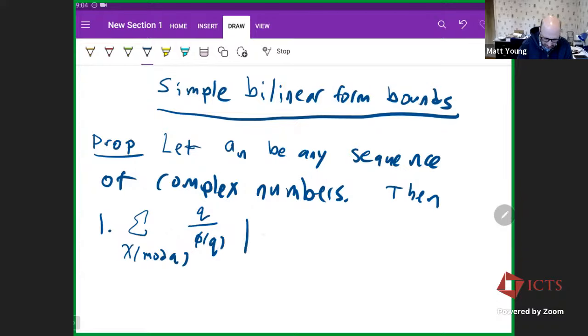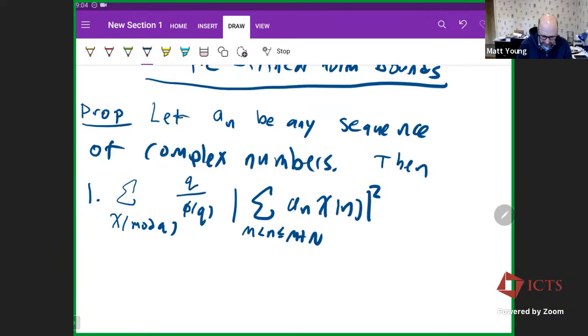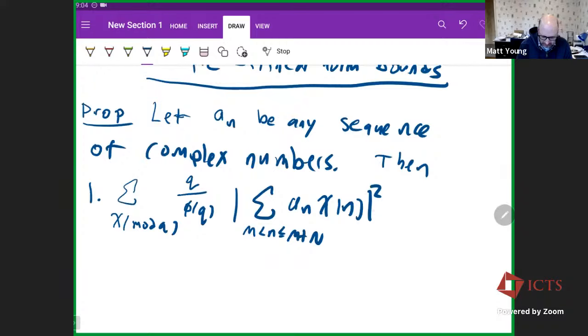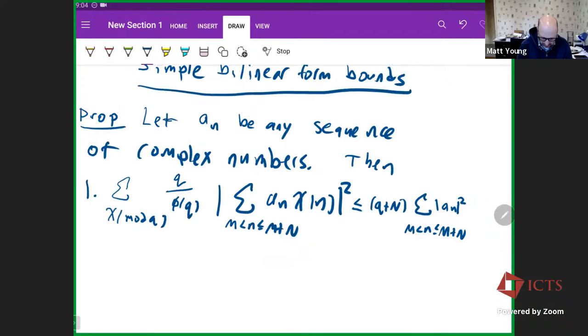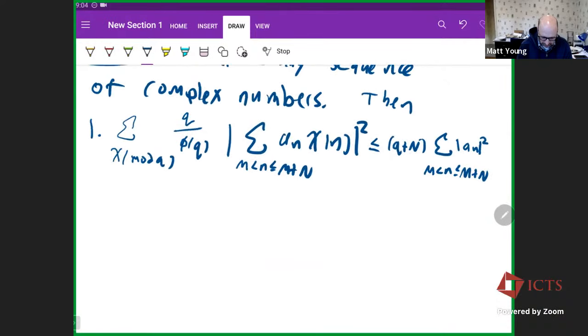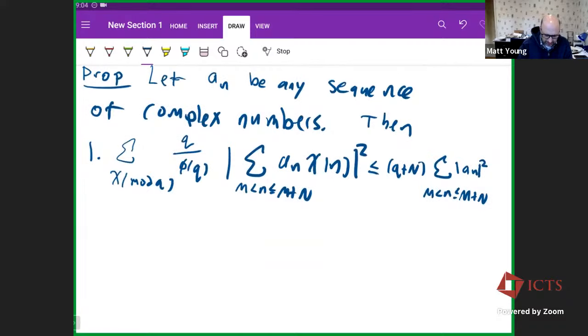And then let's sum over integers in an interval of length N, and look at the sum over n of a_n chi(n), squared. And then the bound is that this is at most (q + N) times the L2 norm squared of the coefficients. Okay, so that's our first bound.